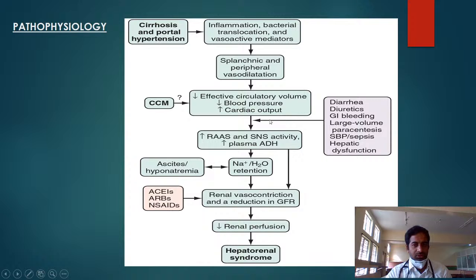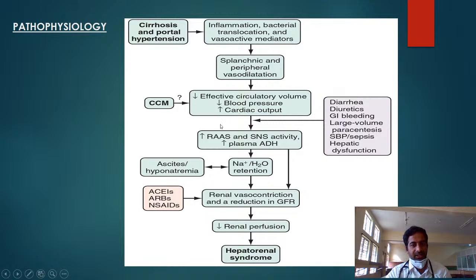Okay, so if the patient has active diarrhea, or if you give diuretics, or the patient has an upper GI bleed, this is the most common cause for hepatorenal syndrome: upper GI bleed. Large volume paracentesis without replacing with albumin can also cause it, and also SBP, sepsis, and hepatic dysfunction. So all these are the most common causes.